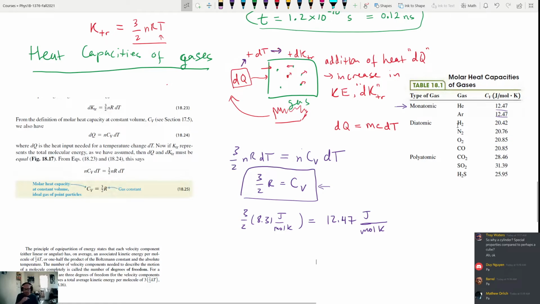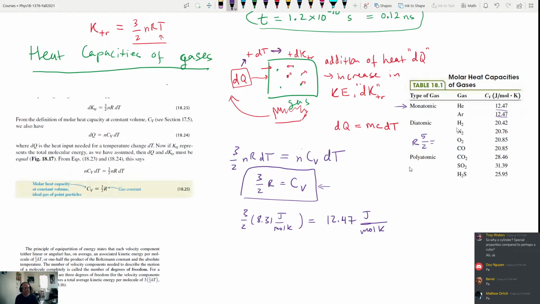And a gas molecule can move in 3 dimensions: the x direction, the y direction, and the z direction. Those 3 dimensions we call 3 degrees of freedom. With those 3 degrees of freedom, we believe that the monatomic gases like helium and argon have a 3 right here. But for the diatomic gases, CV is equal to 5 halves R.